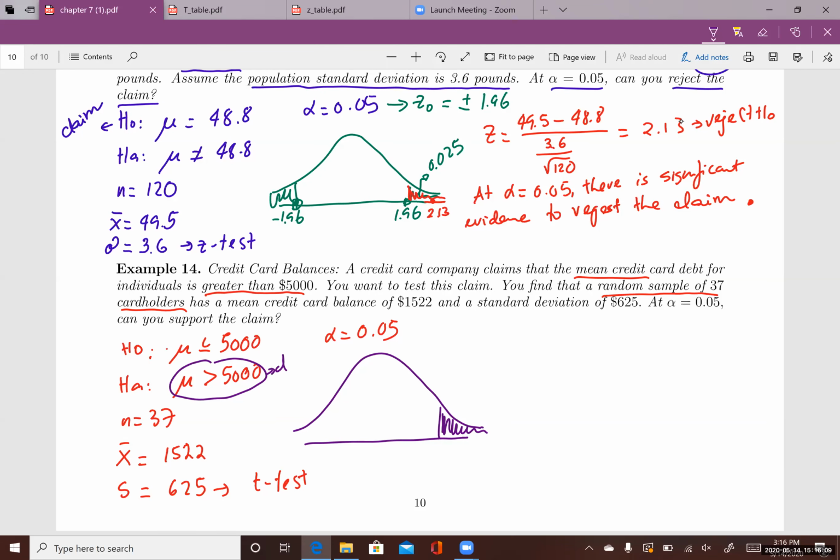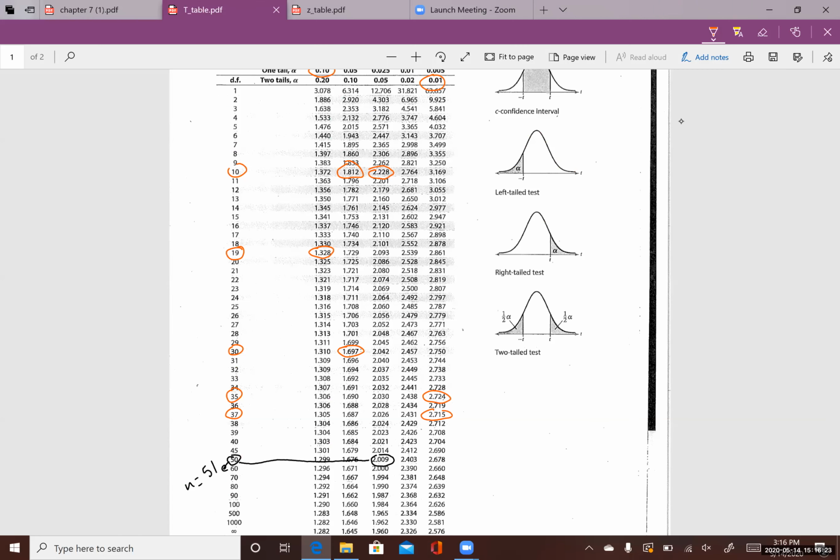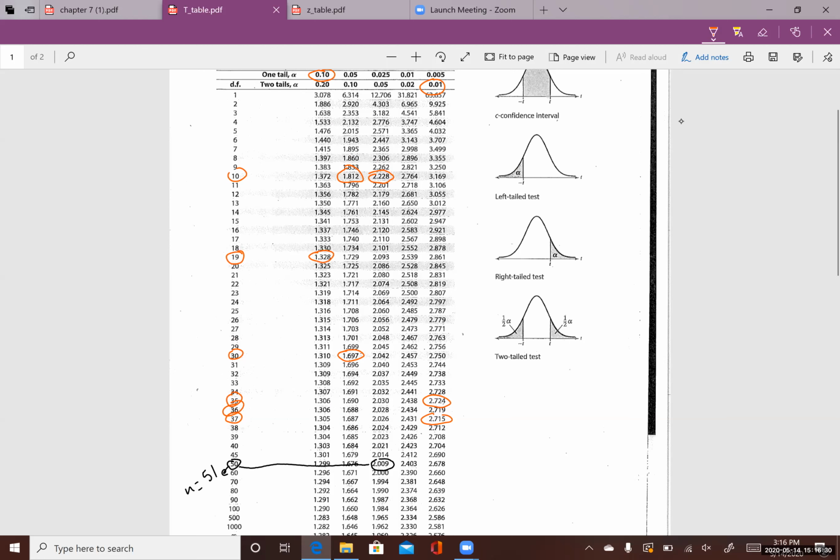With alpha 0.05 and n of 37, 36 is the degrees of freedom, a one-tail test, 0.05 on the second column here, 36. 1.688 is your critical value.